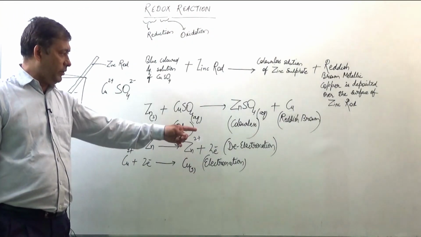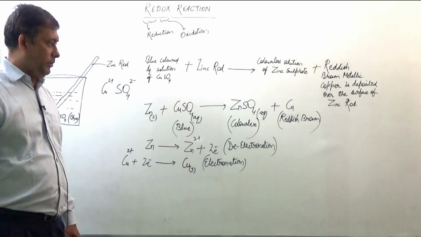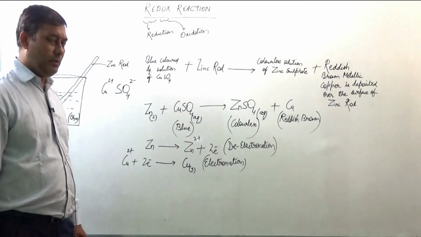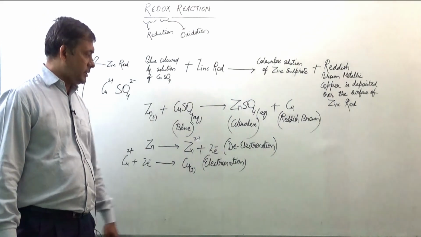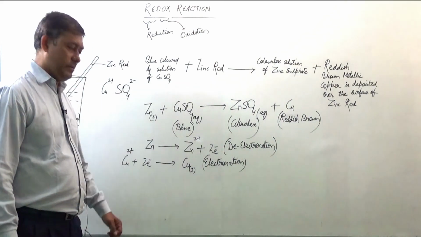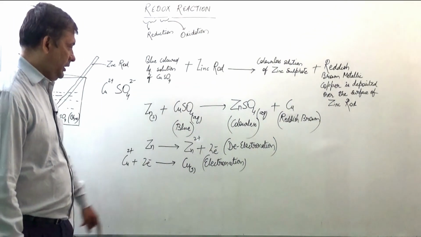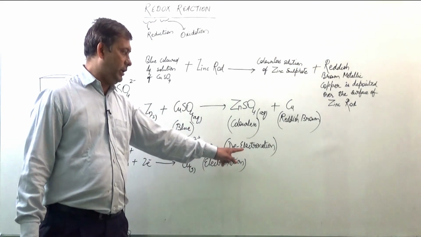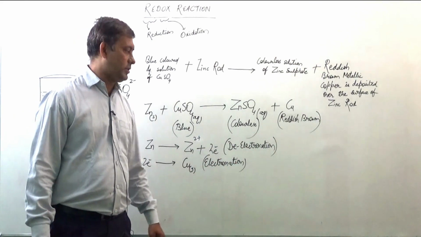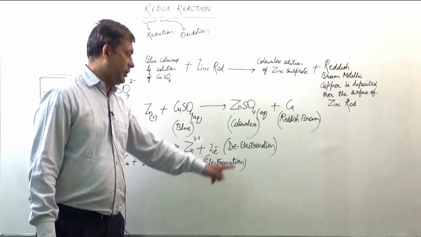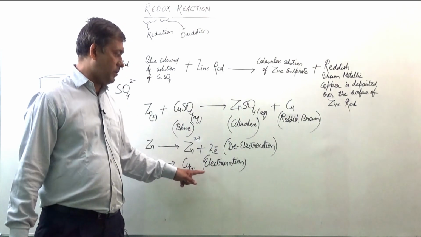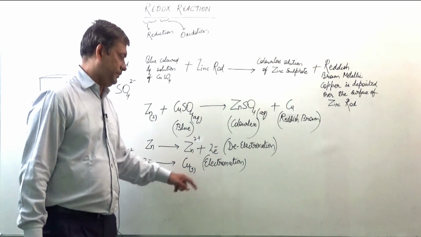Now, can you tell me what this de-electronation process is called? The de-electronation process is actually called the oxidation process, and the electronation process is called reduction.